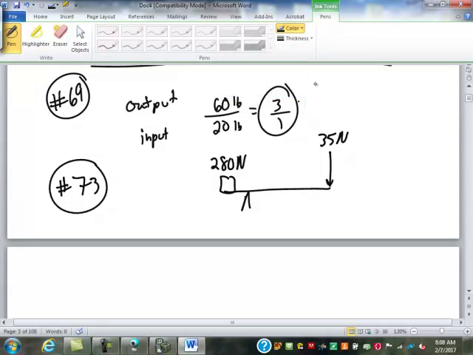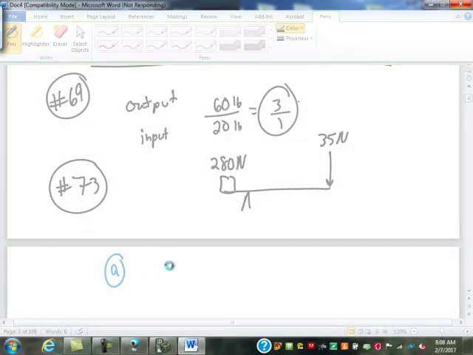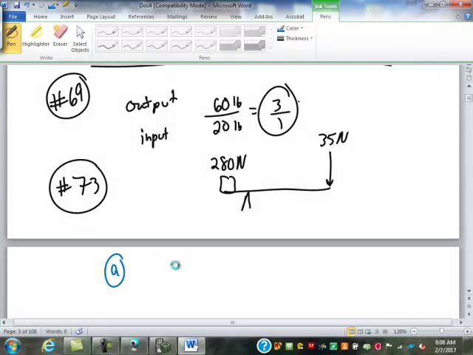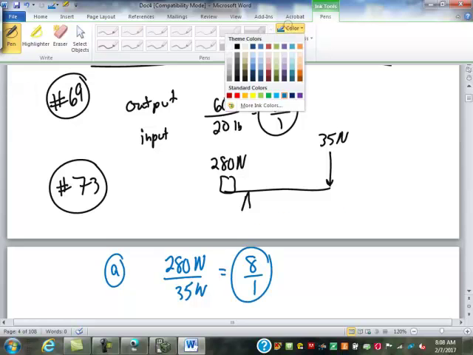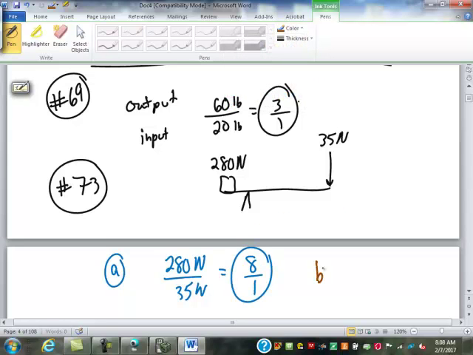If I want to know the ratio for part A of output force to input force, I'm lifting 280 newtons, that's my output, with an input force of 35 newtons. That's an 8 to 1 ratio. Part B, what is the ratio of distances?